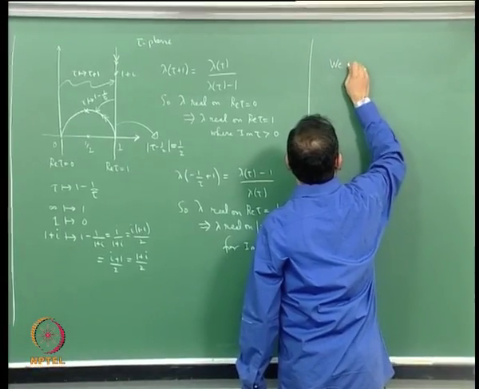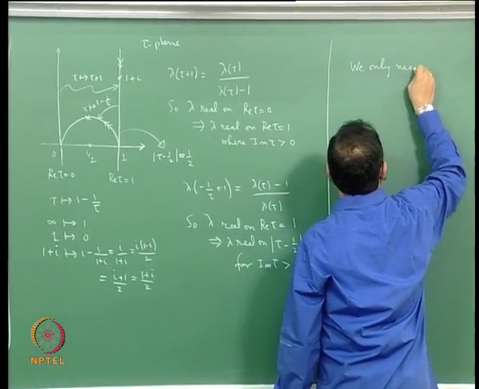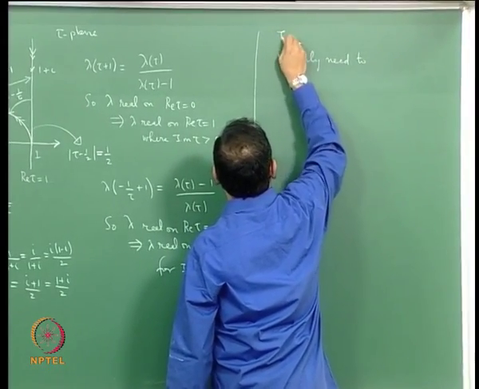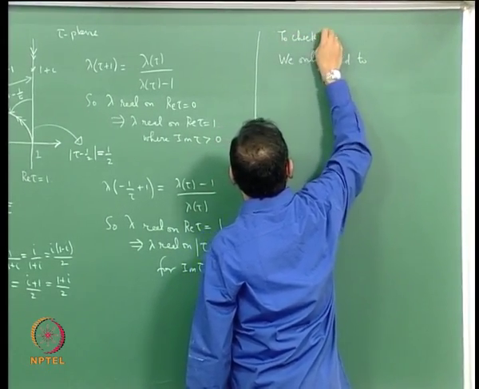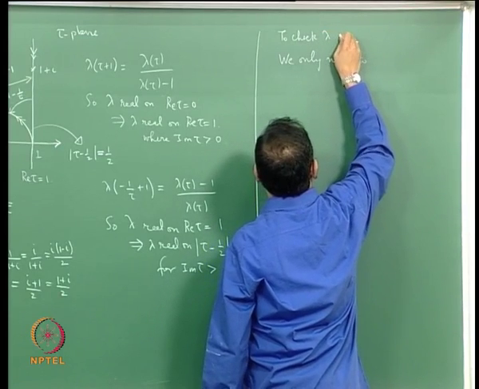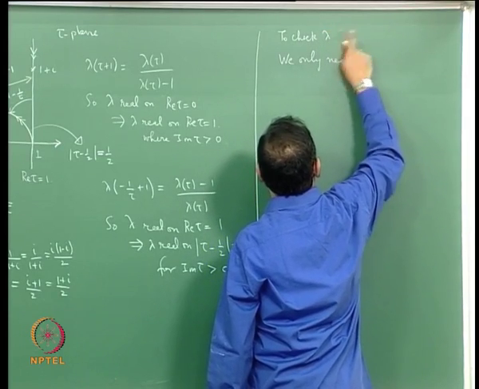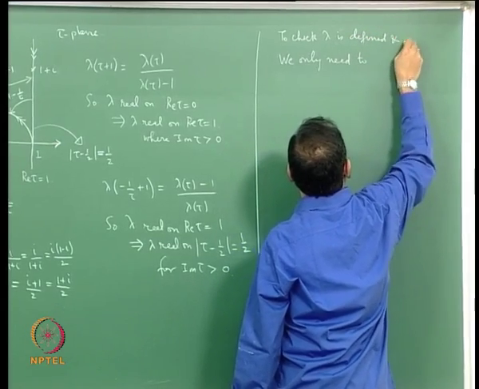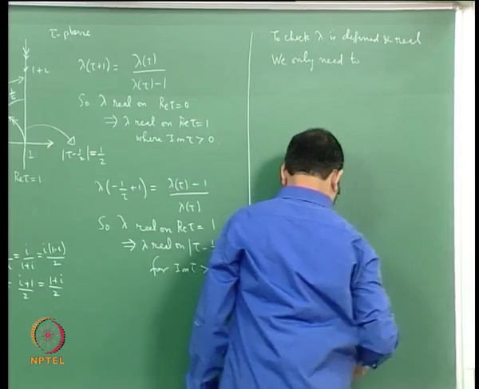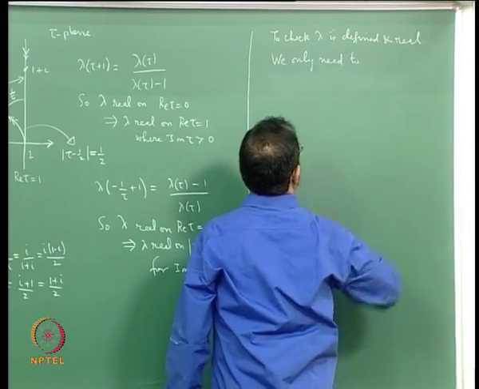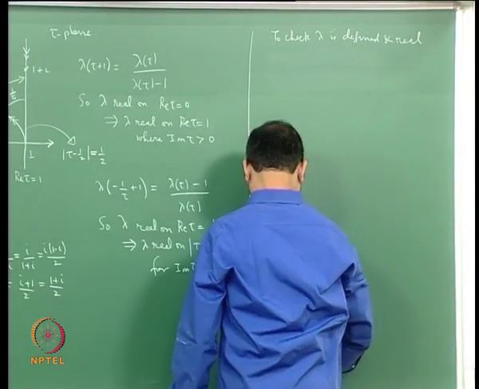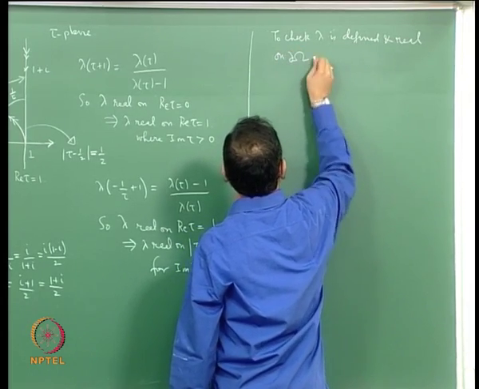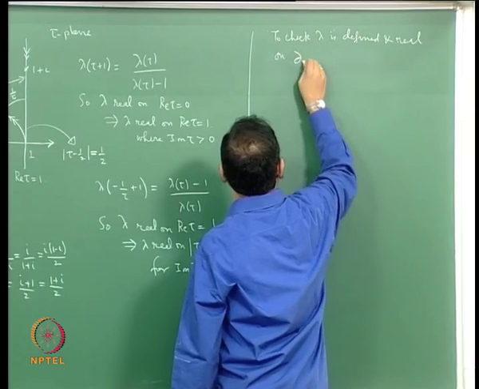We only need to check lambda is defined and real on the boundary of omega, del omega.